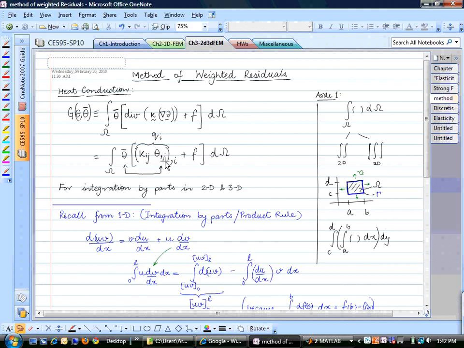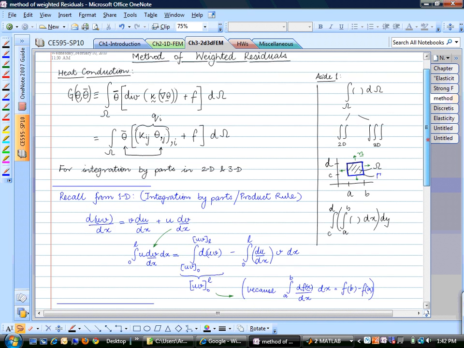Similarly, there are two j's in this term, so we are going to be repeating this term for j equal to 1, 2, 3. So i is 1, j is 1, 2, 3. i is 2, j is 1, 2, 3, and so on. So in a three-dimensional problem, you would have 3 cross 3, 9 terms. In a two-dimensional problem, you would have 2 cross 2, 4 terms. This would be a 4-term scalar expansion.